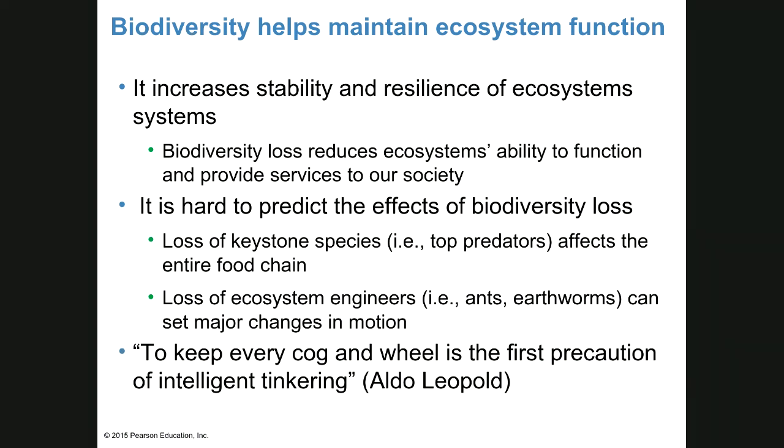So it causes literally an avalanche of effects on the entire ecosystem. We also know that there are those things that are called ecosystem engineers. So we know ants, earthworms, beavers are ecosystem engineers. So as we see those being lost, then we can also see major changes occur.